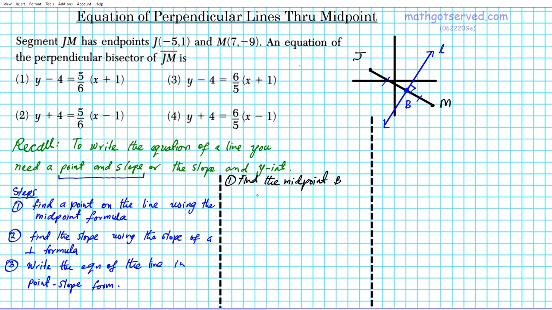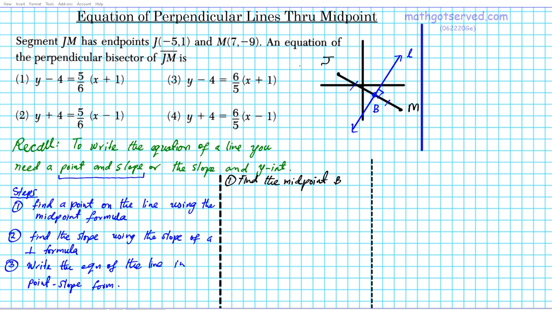So the midpoint B is going to be, well, first of all, let's go ahead and itemize all the formulas that we need for this particular problem. All right, so the formulas that we need are as follows.